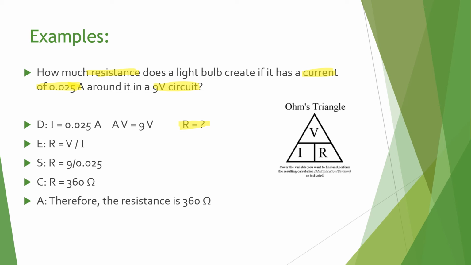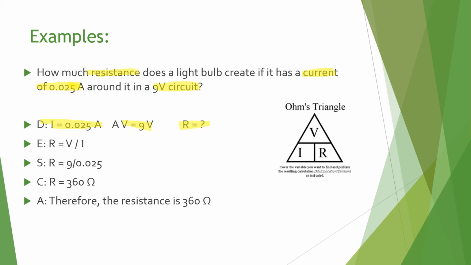It says has a current, and I represents current in the formula. So I is 0.025 amps, and voltage, which we know V represents volts, the unit of measurement. So voltage is 9 volts.